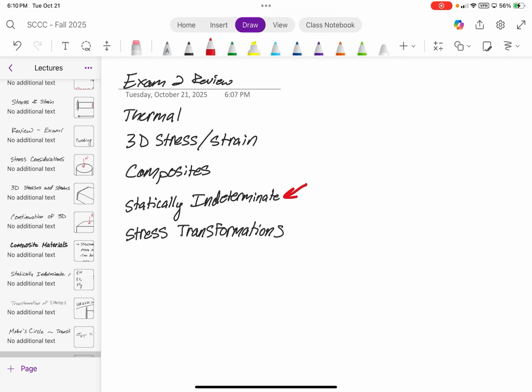So it's more of a conceptual thing, but I'm not going to have you do the math for it because I understand that solving one problem in itself takes about half an hour if you're not used to doing the problems.